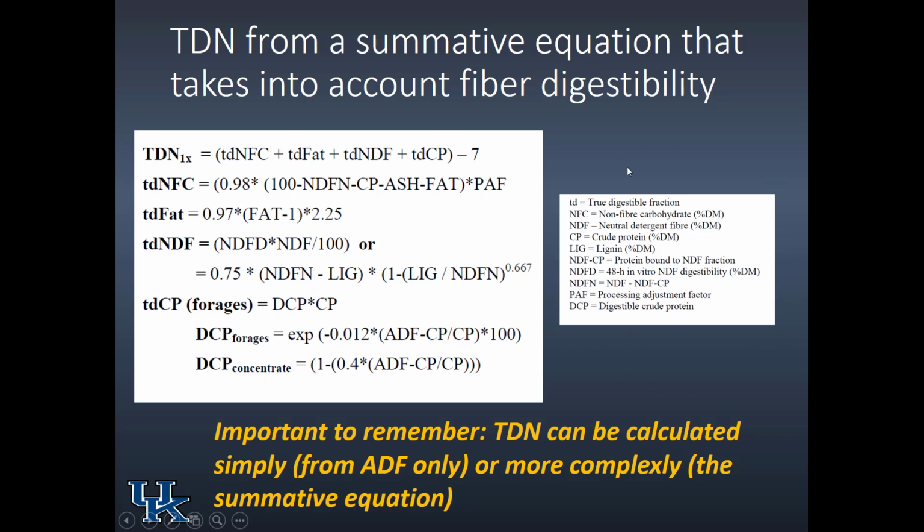Once you calibrate an NIR for a summative TDN calculation, it takes a lot more wet chemistry to get the calibration done, but once you do that, you're able to predict a summative TDN from one scan of a forage. So what's important to remember here: TDN can be calculated simply from ADF alone or more complexly using the summative equation.